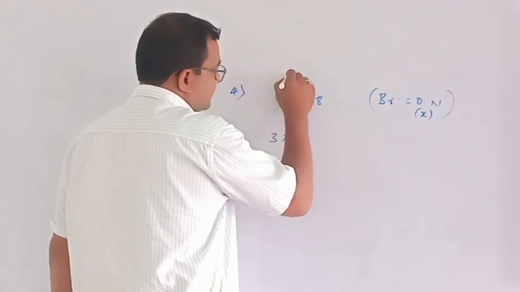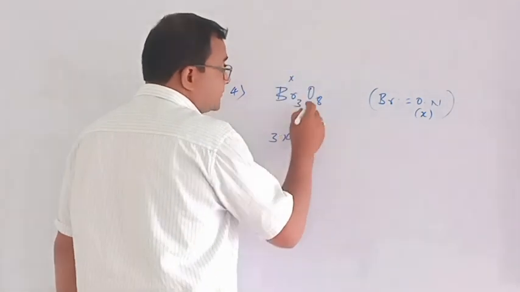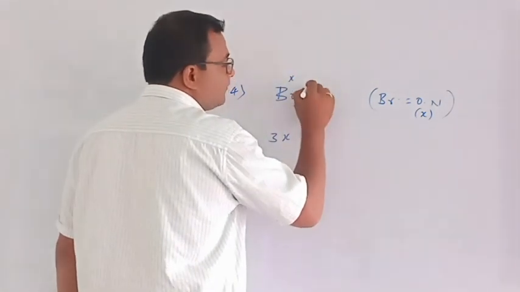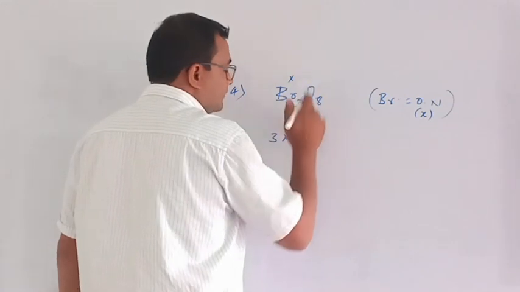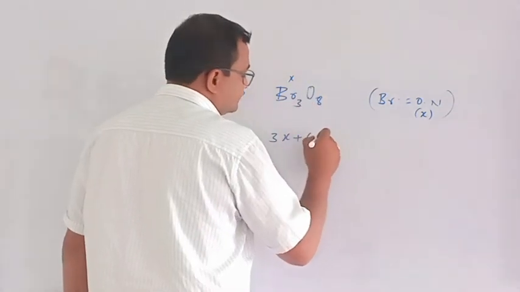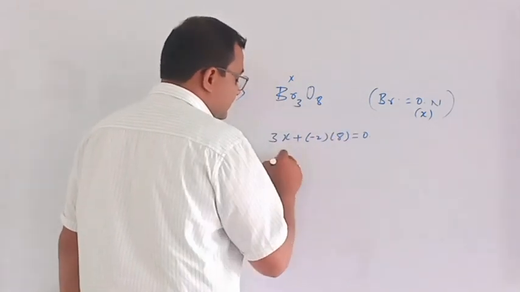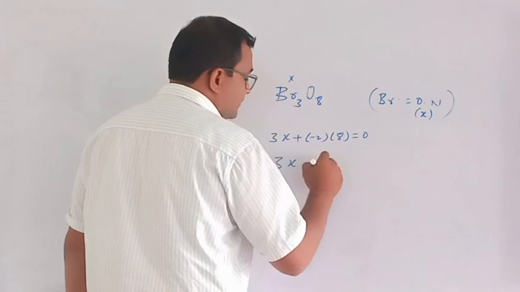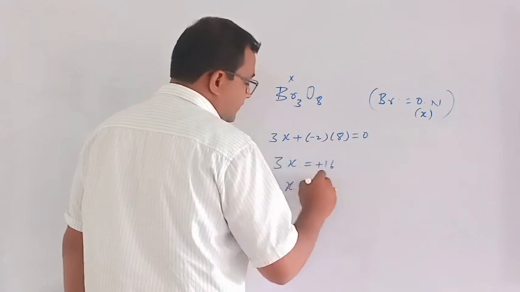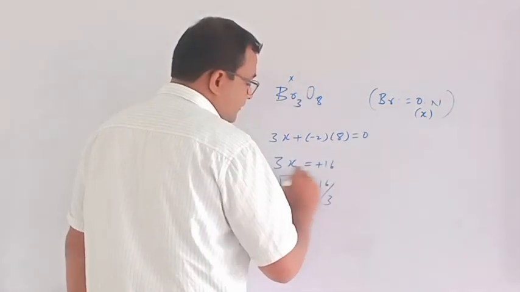So 3x. The charge of oxygen is always -2. The number of oxygens is 8, so 3x plus 8 times -2 is equal to 0. 3x is equal to +16. x is equal to +16 by 3.